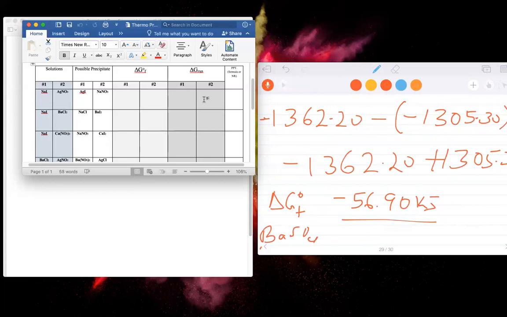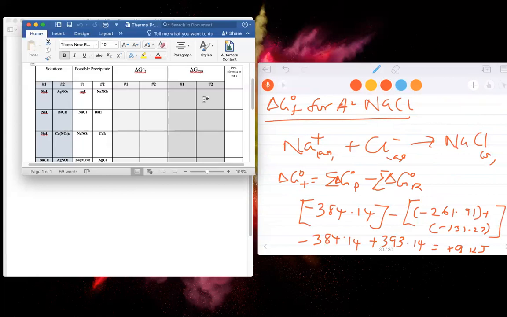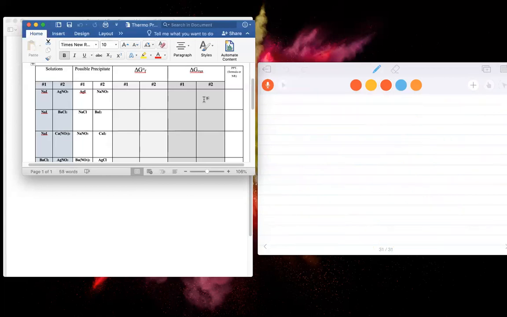This is what we'll need to use for delta G reaction. For the first salt, it is given by delta G naught, plus, this is formation, this is at standard state, plus RT ln of Q, ln of Q.